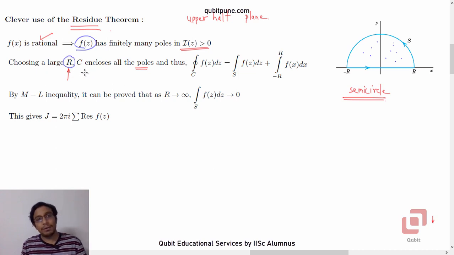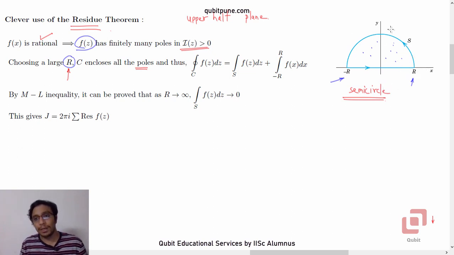We now cleverly build a semicircular contour whose diameter part coincides with the x-axis. So this is going to be the integral associated with the real variable x, because there is no imaginary part.